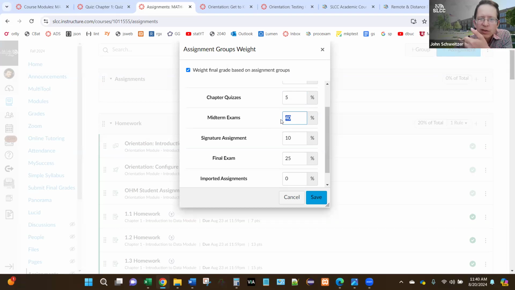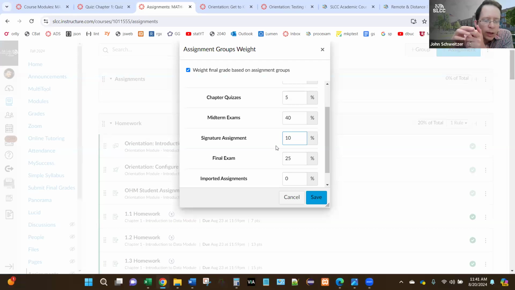Each midterm is 10%. So any one midterm isn't going to drastically change your grade, but put together, that does form a big part of the grade. The final exam is a quarter of the grade, and then the signature project is 10%.